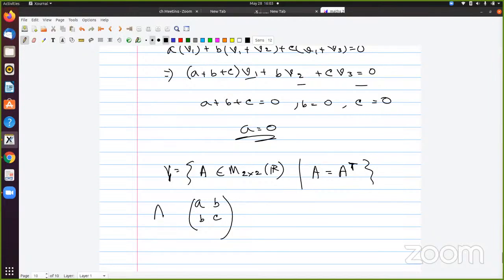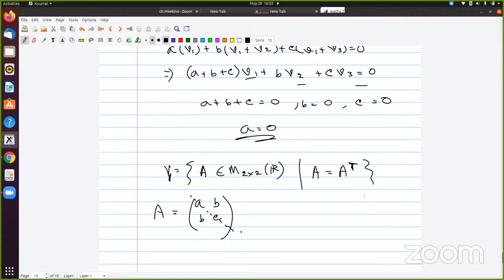If it is A, what is A transpose? It should be the same symmetric matrix. This is the general form of a symmetric matrix in 2 cross 2. Basically, a mirror image along the diagonal.